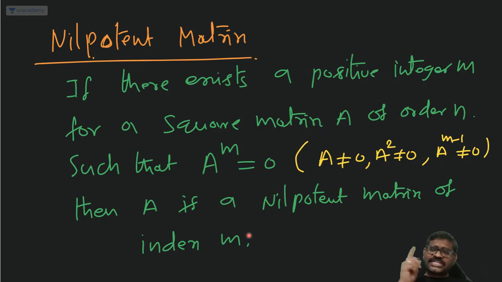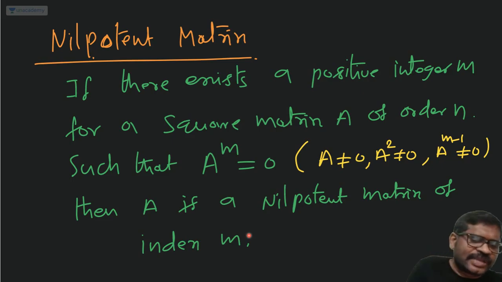If there exists a positive integer m such that A power m equal to 0, where A is non-zero, A square non-zero, A power m minus 1 is non-zero, but A power m is 0, then A is nilpotent matrix of index m. I'll give the example.